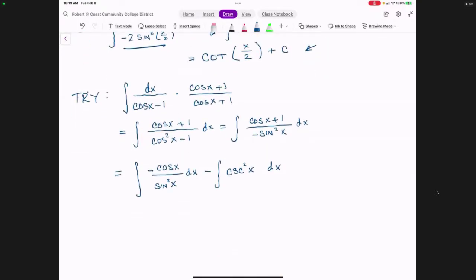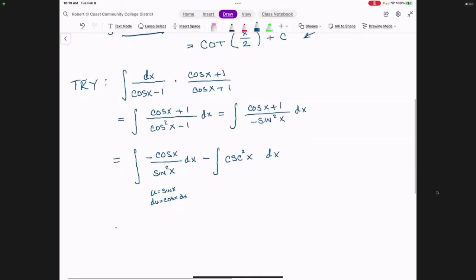Okay, so here, I think what we would do is we would have u equaling sine x, and so then du would be cosine x dx, like so.